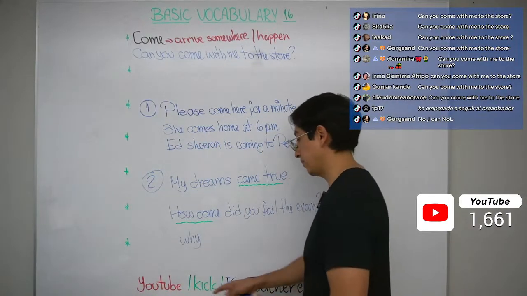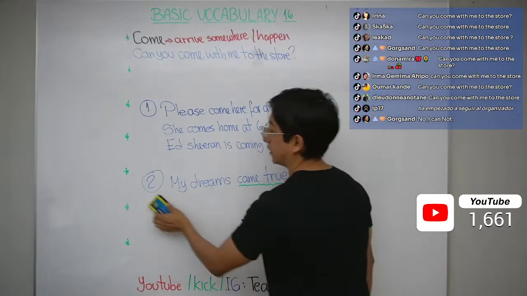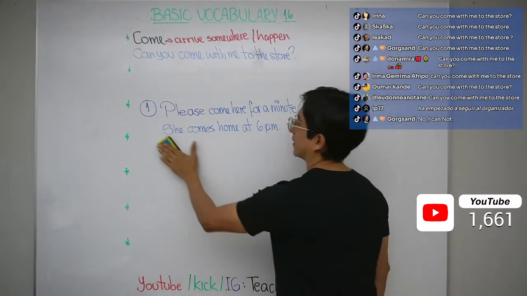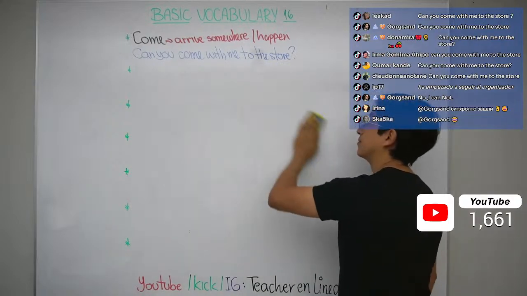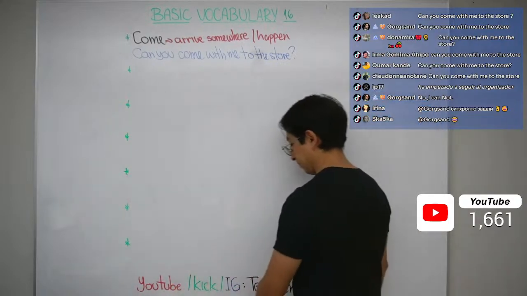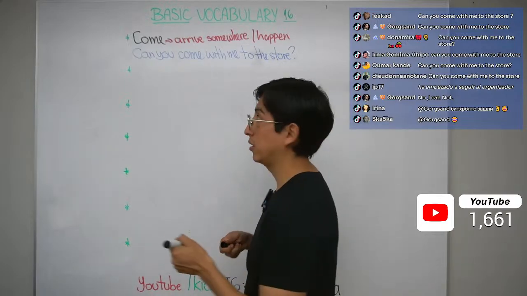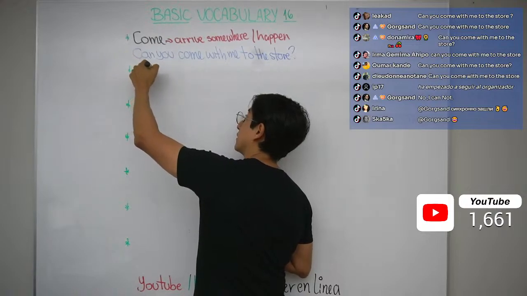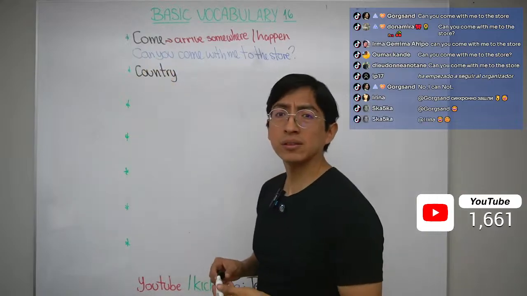Now, let's continue with the second word. Okay, please give me a sec. I need to erase this. Okay, guys, let's continue with the second word. In this case, it is country. Guys, what does country mean?